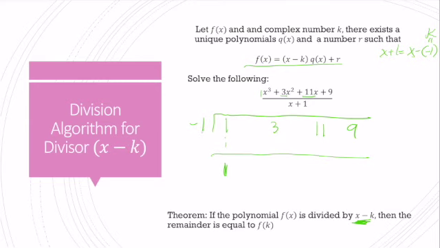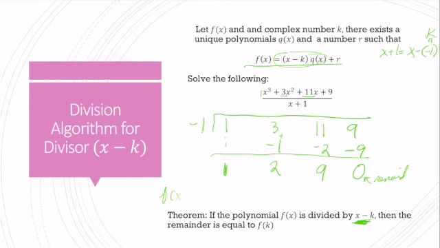-1 times 1 gives me -1. 3 plus -1 is 2. -1 times 2 is -2. 11 plus -2 is 9. -1 times 9 is -9. 9 minus 9 is 0. Okay, this is our remainder. That means that these are perfect factors.